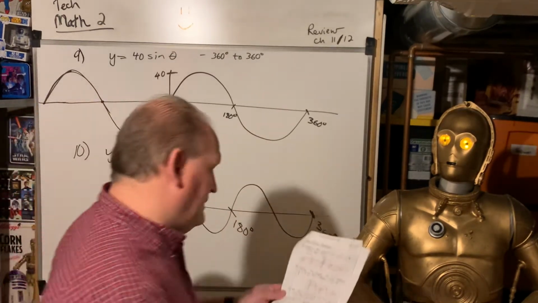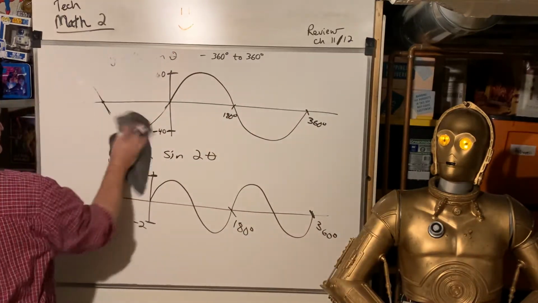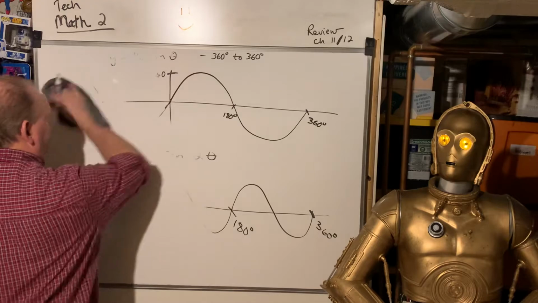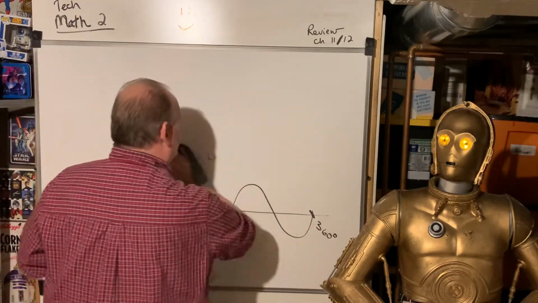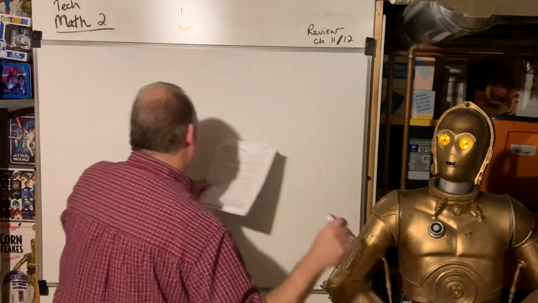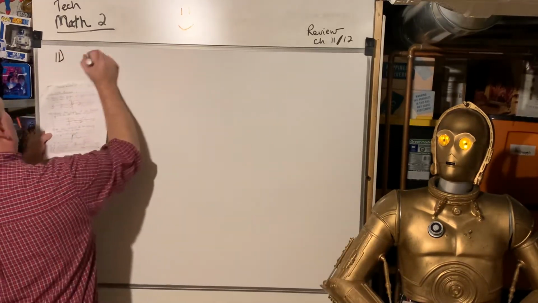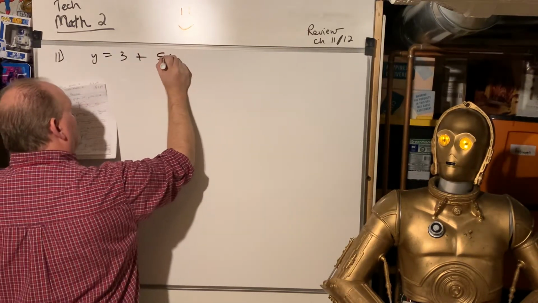Let's take a look at 11. So in 11, they have y equals 3 plus 5 sine theta.